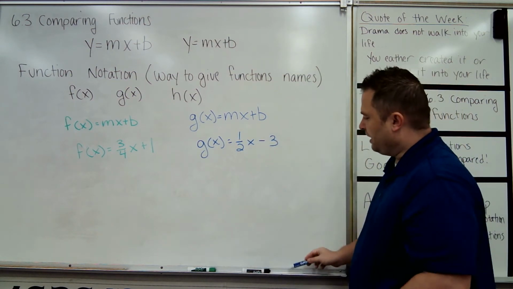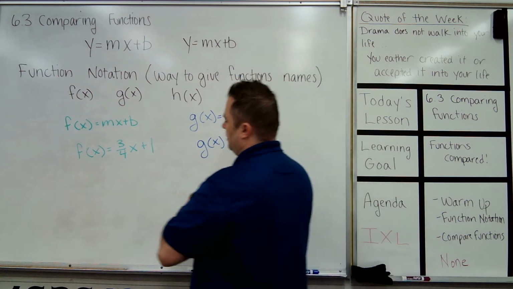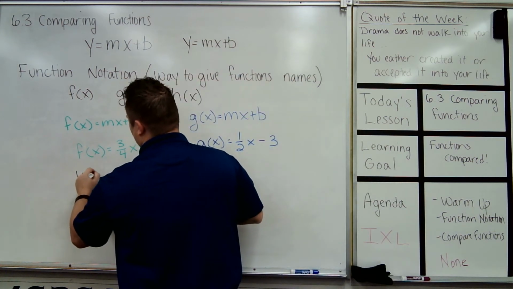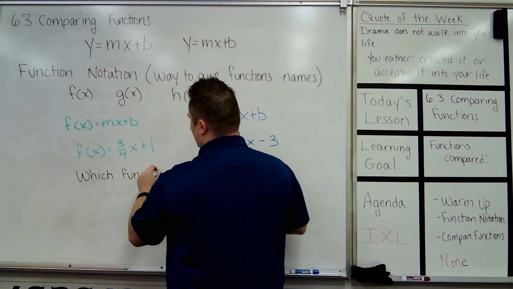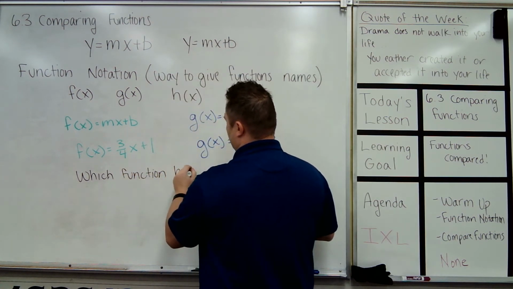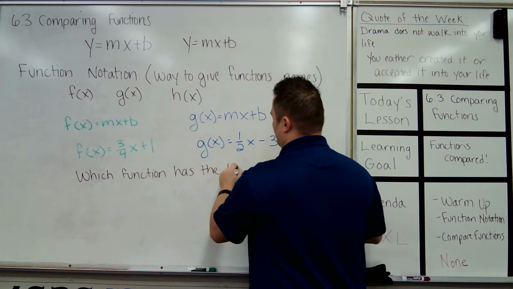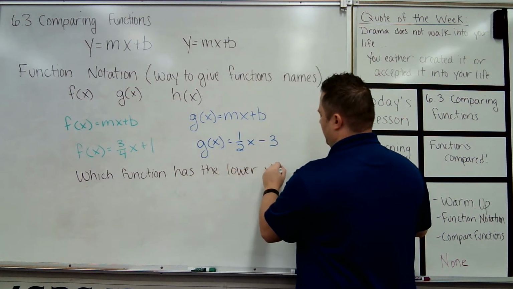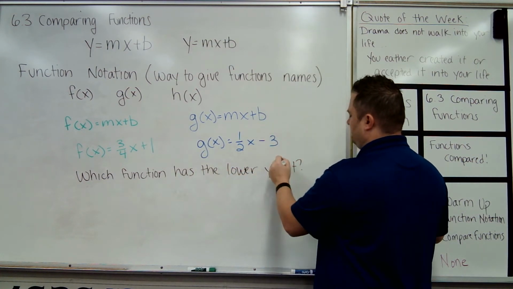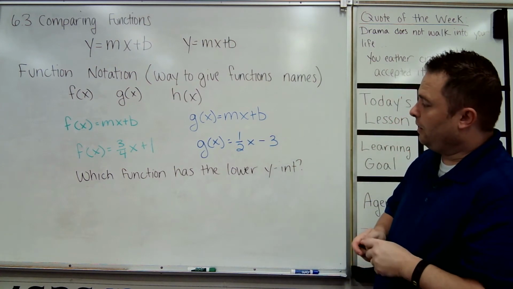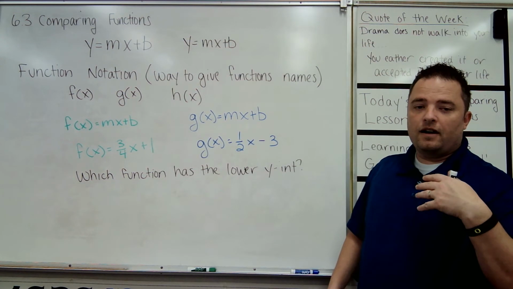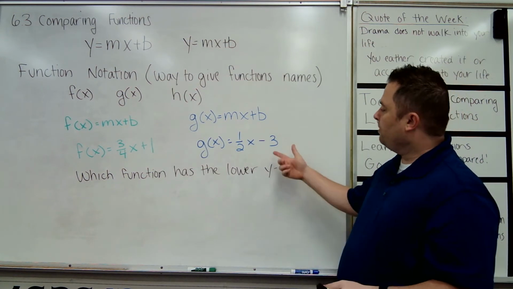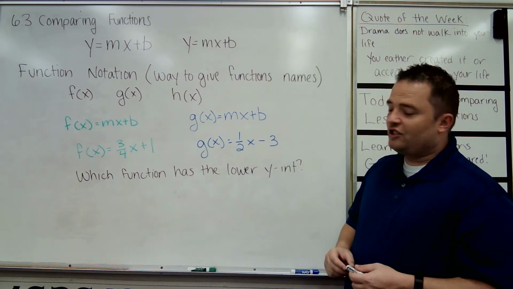So if my question is something along the lines of which function has the lower y-intercept, you can quickly identify, well, what is the y-intercept for the green function, meaning the function named f, or the blue function named g.